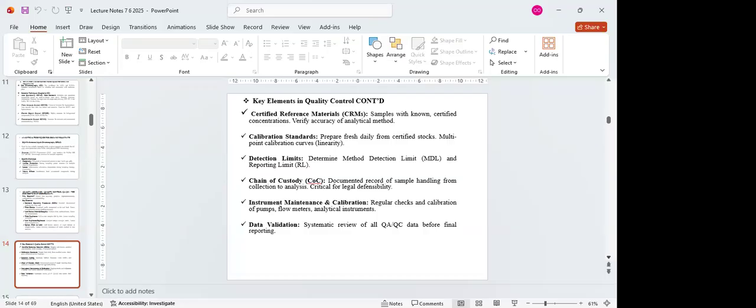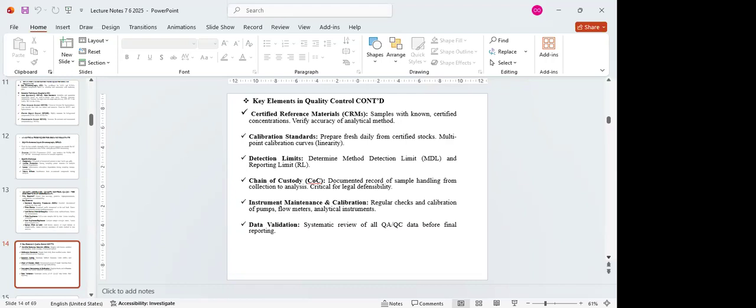That way you ensure integrity. You ensure that this analysis was done without any undue distortion in information and data handling. So that is where you have the chain of custody documentation.